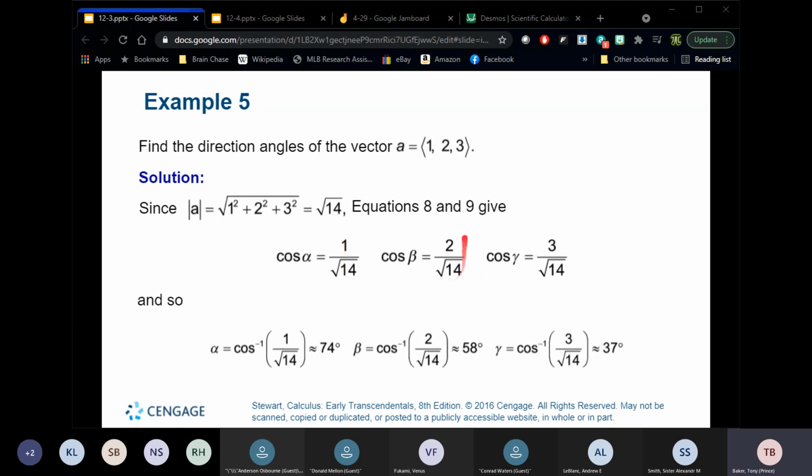So we have 1 divided by the square root of 14, 2 divided by the square root of 14, and 3 divided by the square root of 14. And then if we take the arc cosine of each of those, we get our angles. So alpha is 74, beta is 58, and gamma is 37 degrees. Those would be the 3 directional angles for our vector.